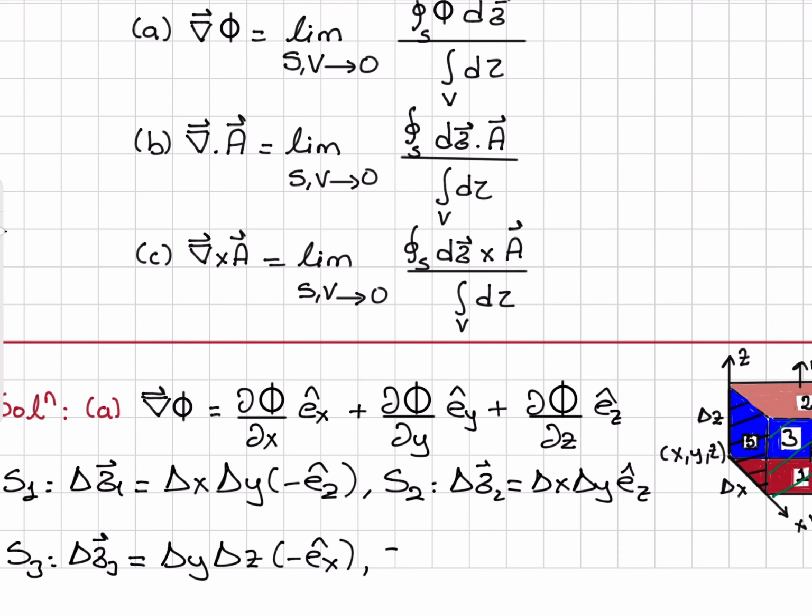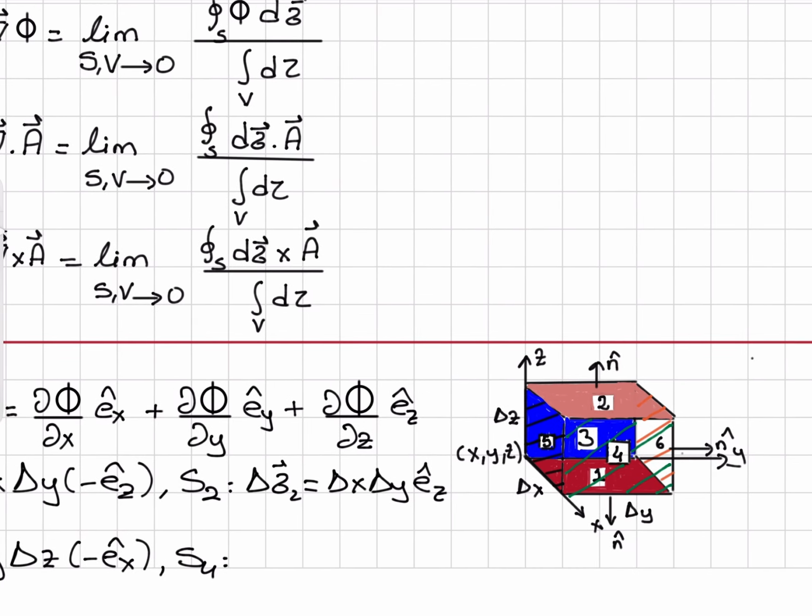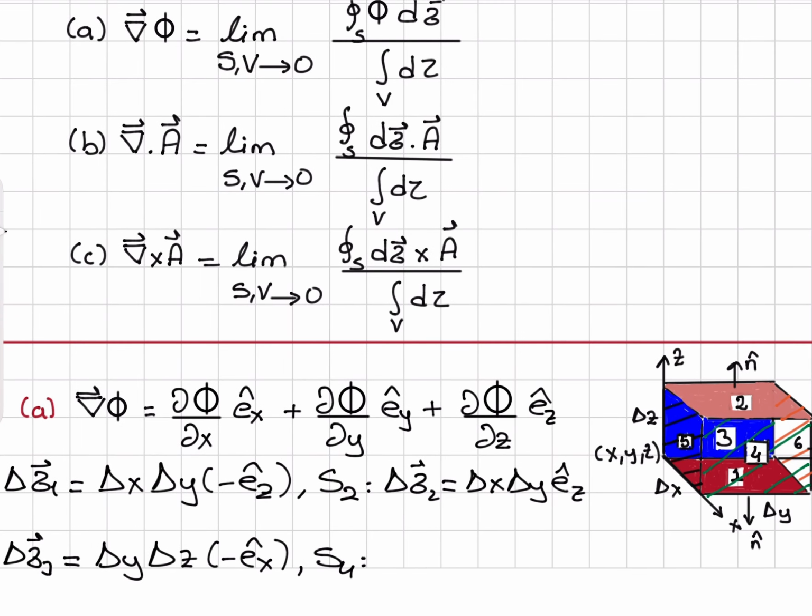And for surface 4, which is the front surface here, it's delta y, delta z in the plus e_x hat direction. So delta sigma 4 is delta y, delta z in the plus e_x hat direction.